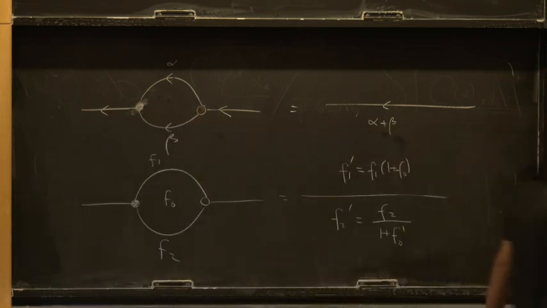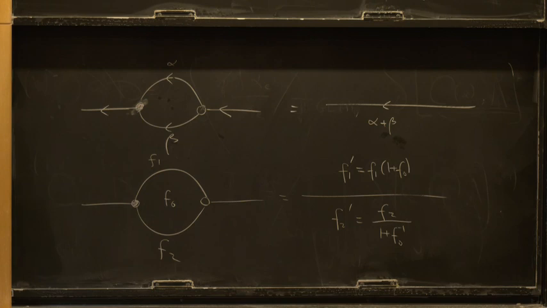And once again, the crucial thing is that the form is invariant. So if I look at, I had to begin with, df0 over f0, df1 over f1, df2 over f2.